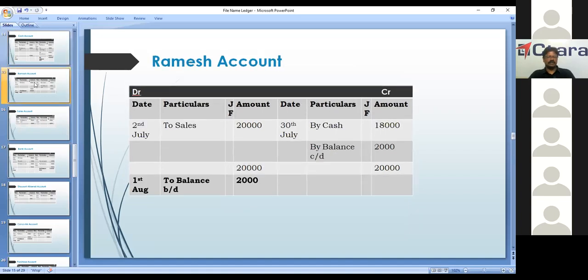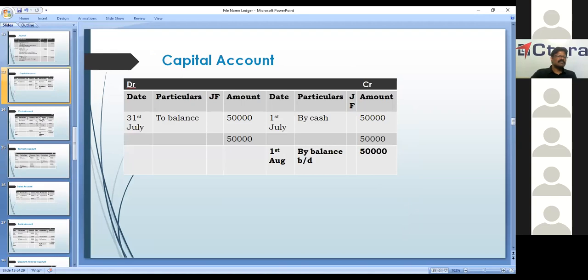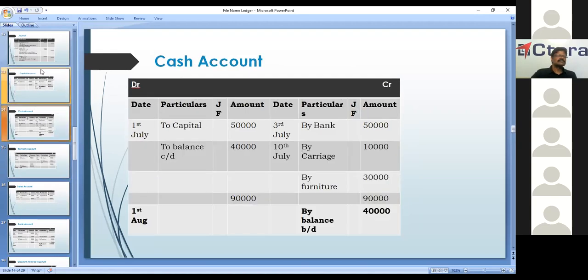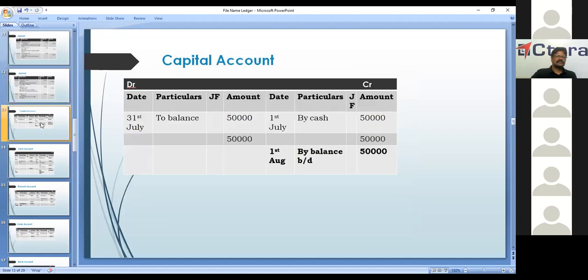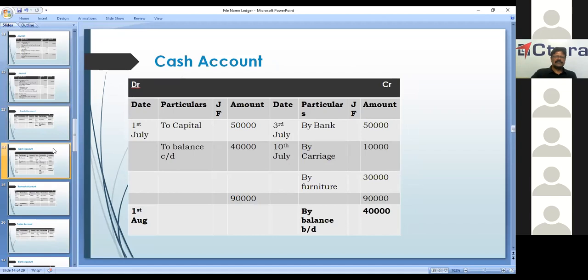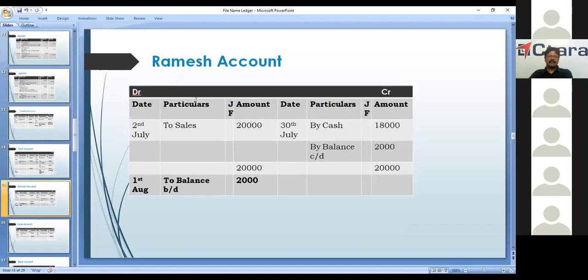Okay, Ramesh account. Okay, the second entry is sold goods to Ramesh. Sold goods to Ramesh, 20,000, that is on credit, right?